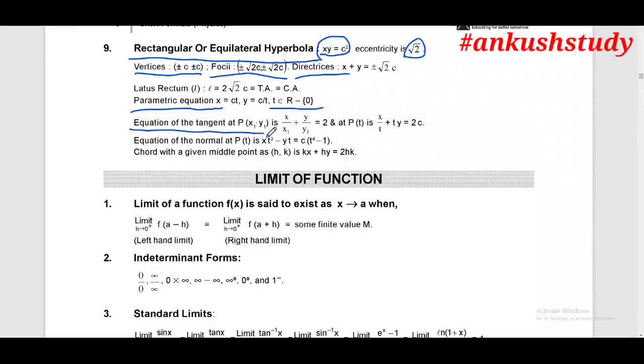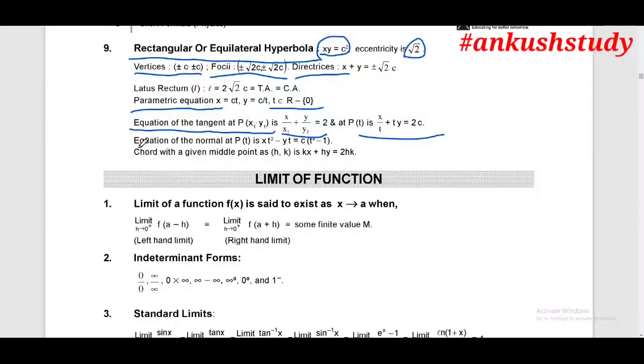Equation of the tangent at P x1 comma y1 is x upon x1 plus y upon y1 is equal to 2, and at P t is x upon t plus ty is equal to 2c.